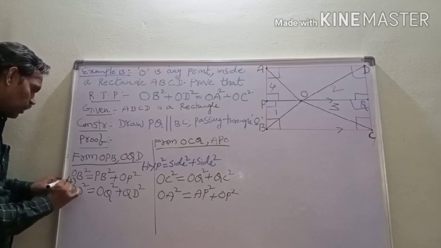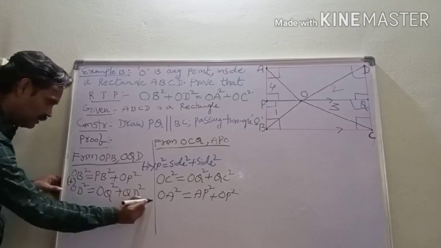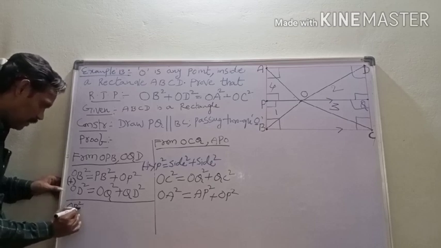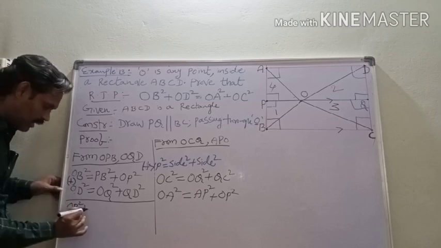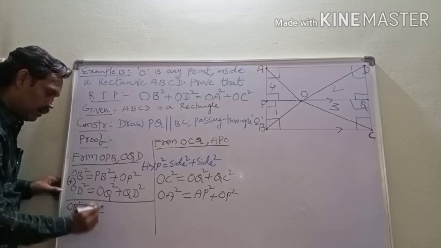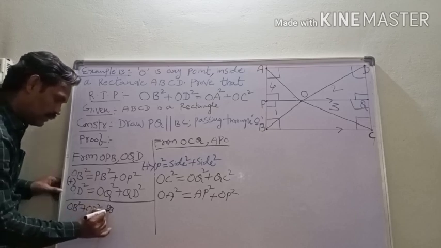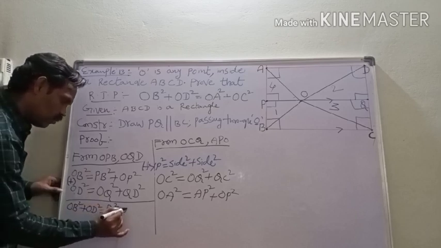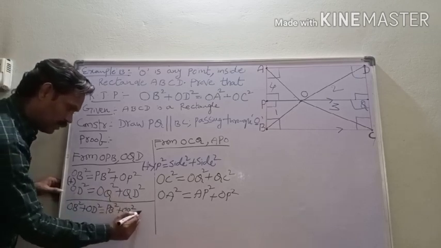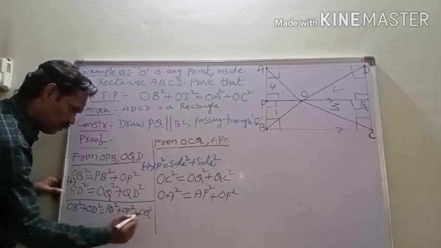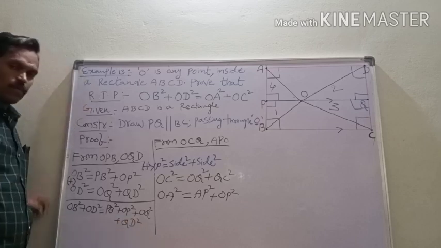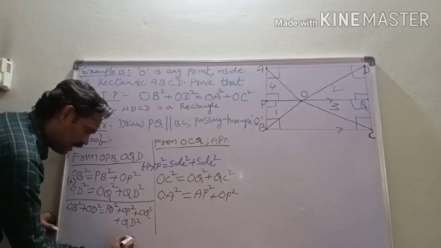Then OB square plus OD square is equal to the first RHS, PB square plus OP square, and the second RHS, plus OQ square plus QD square. Make this equation 1.